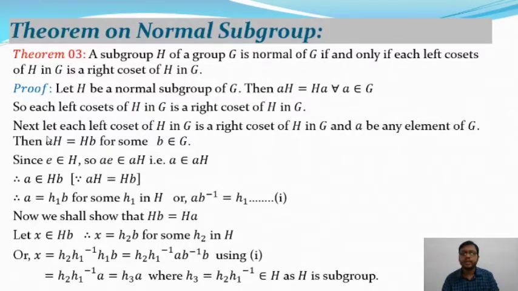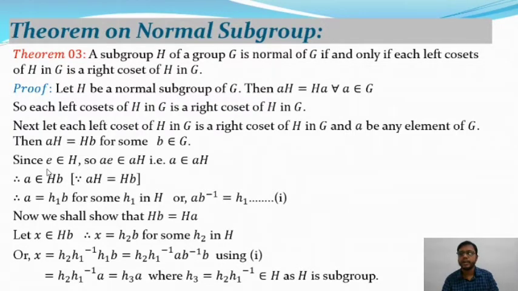Now let each left coset of H in G be a right coset of H in G and a be any element of G. Then aH is equal to Hb for some b belongs to G. Then from this we will prove that aH is equal to Ha. Since e is an element and it belongs to H, and you know that H is a subgroup of G, so H itself is a group.